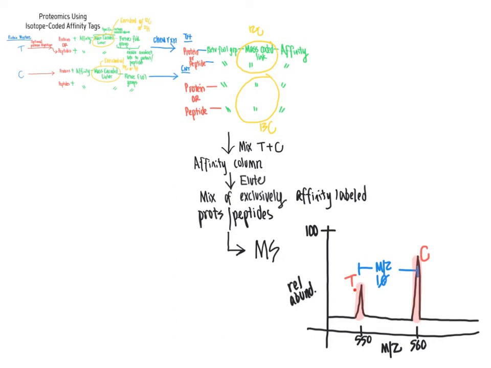And we know these two are linked because of the fact that that mass to charge ratio difference is 10, which corresponded to the number of carbon atoms that we hypothetically assumed were in this linker.